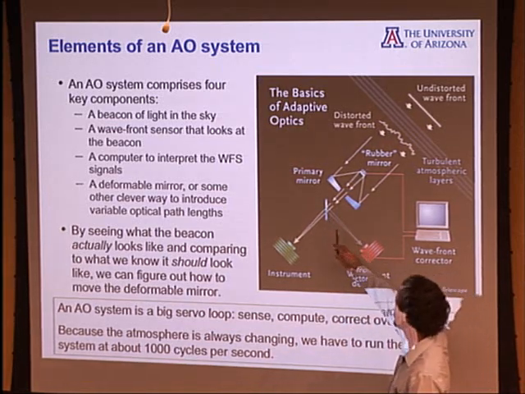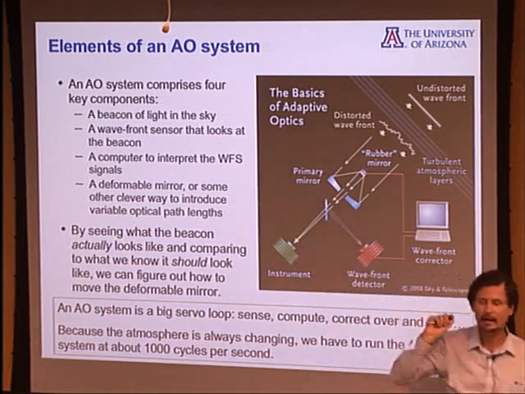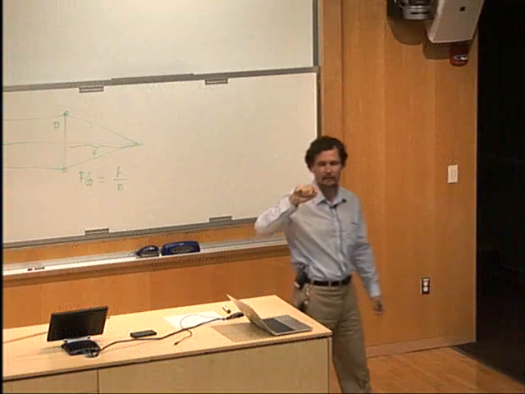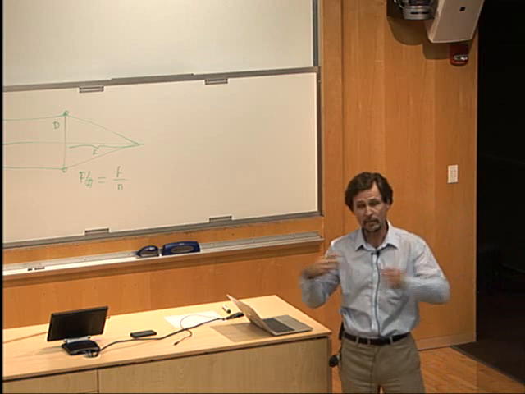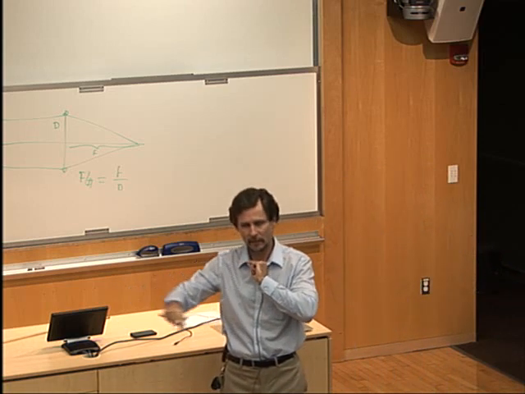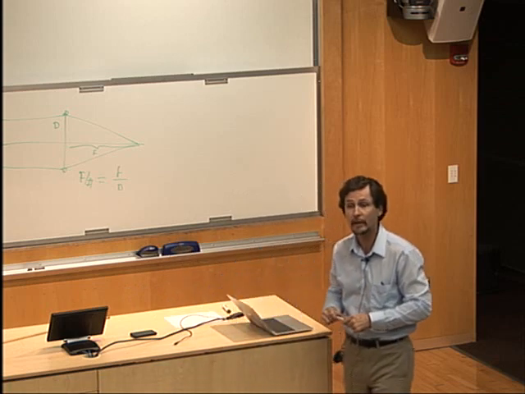So I send the visible wavelengths from the beacon over here, and the infrared wavelengths go through. And fortunately enough, the atmosphere is sufficiently achromatic that if I make a measurement in the visible and apply a correction on that basis, it will be good in the infrared as well. Going the other way is slightly problematic, but if you go from short wavelengths to long wavelengths, you're generally in good shape.